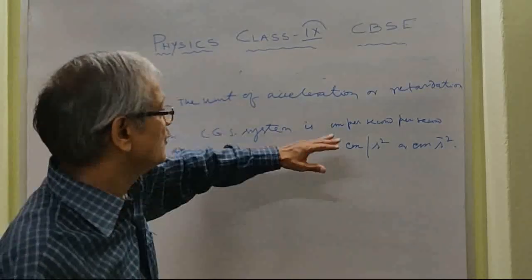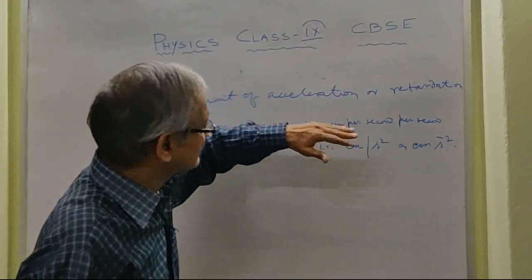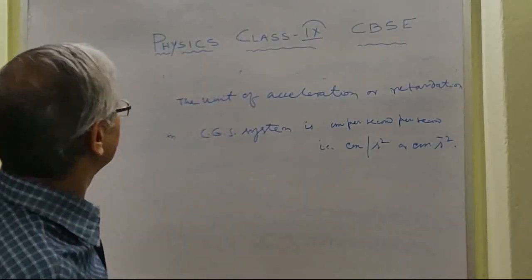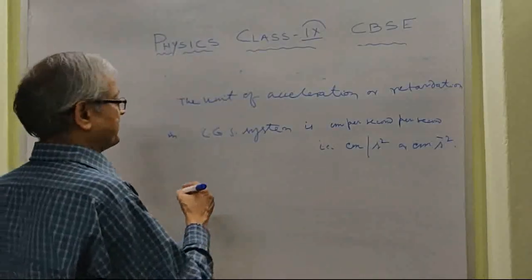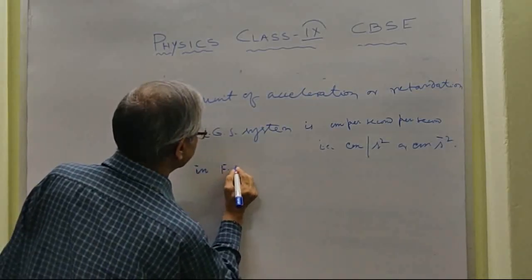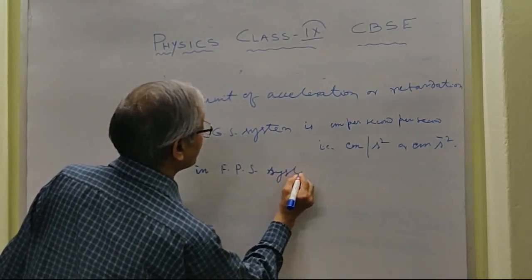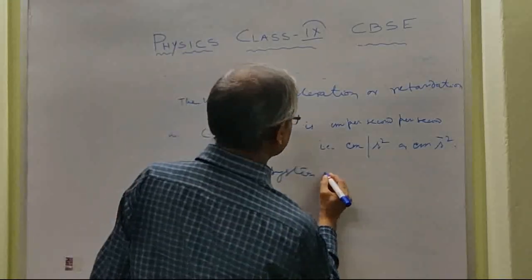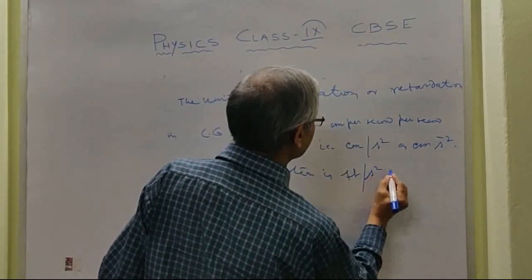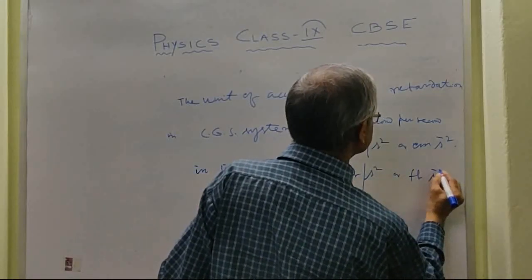Hence 2 terms of second present in the units of acceleration or retardation. In FPS system, is foot per second square or foot second to the power minus 2.